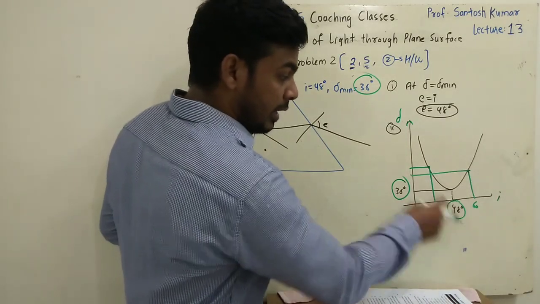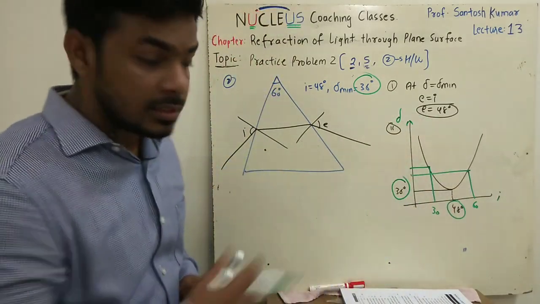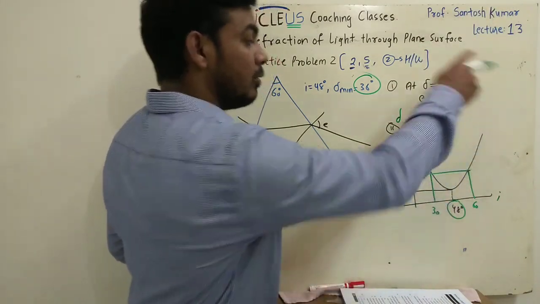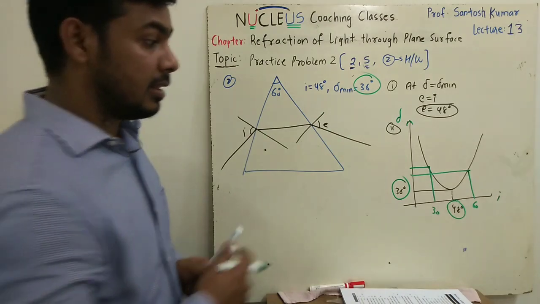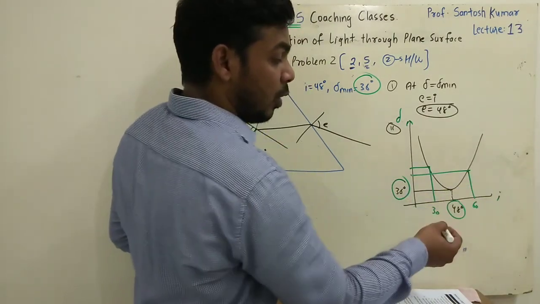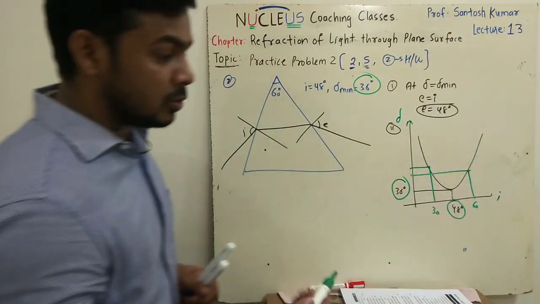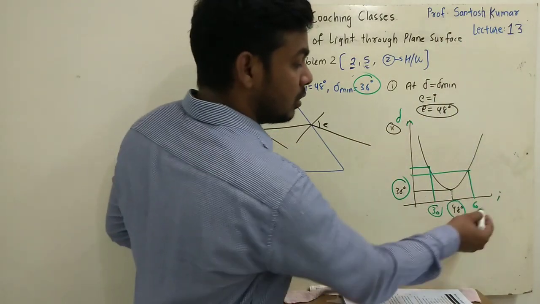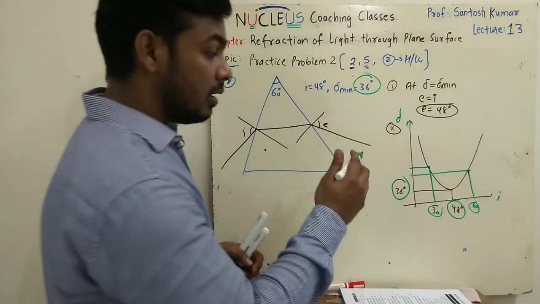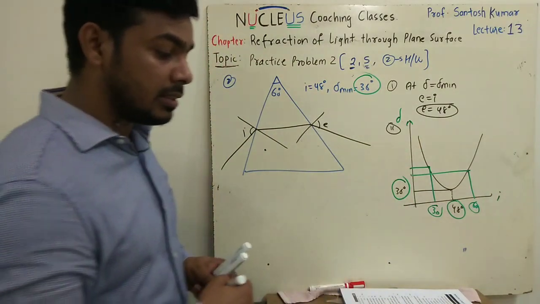So till 48 the angle of deviation decreases, and if angle of incidence increases beyond 48, the angle of deviation again increases. So till 48 deviation decreases and becomes minimum, beyond 48 deviation increases. So we can say that at 30 or 60 degree the deviation value will be more than minimum value, which is more than 36 degree.